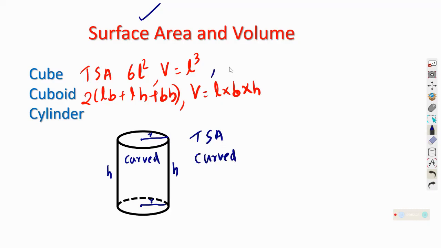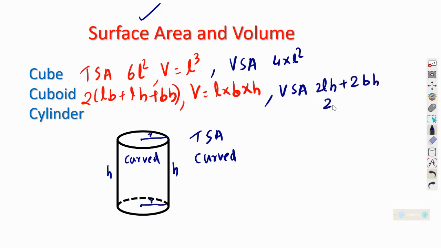Here I spoke about vertical surface area, where it was 4 into L square, right? Here also the vertical surface area can be calculated. You will be considering only the vertical part of a cuboid, where you will have LH 2 times, and BH 2 times.